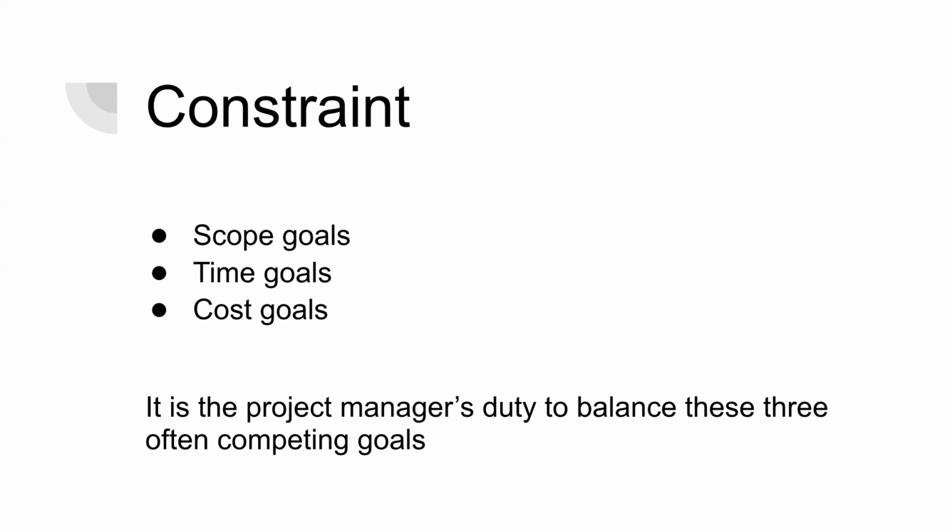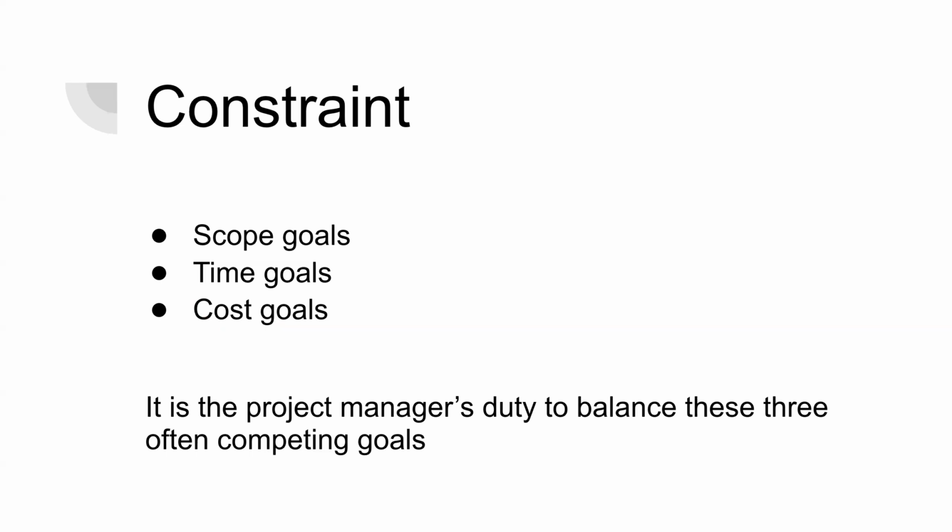Sorry, it's the project manager's responsibility to cover all these three goals. Let's say, for example, the project manager was bad and forgot his duties. He accomplished something, but some of the goals were not attended to.